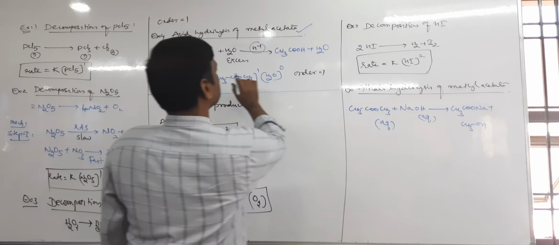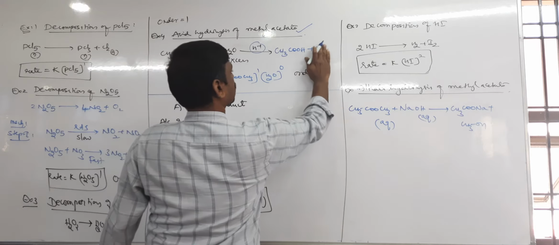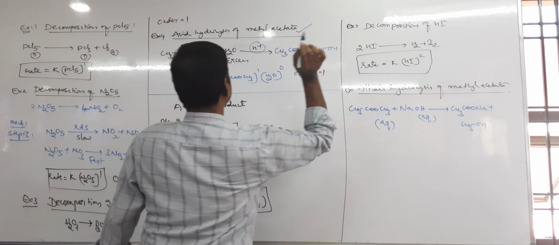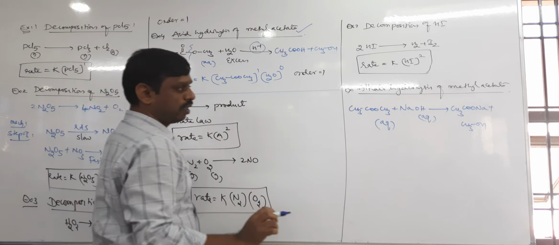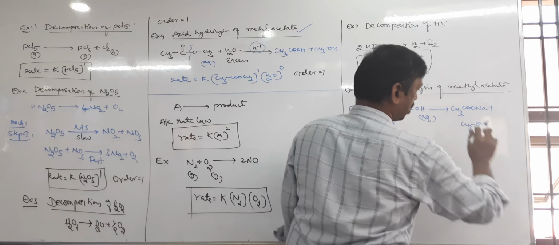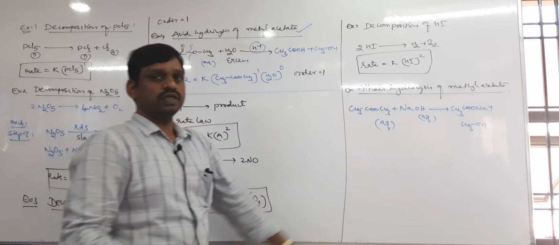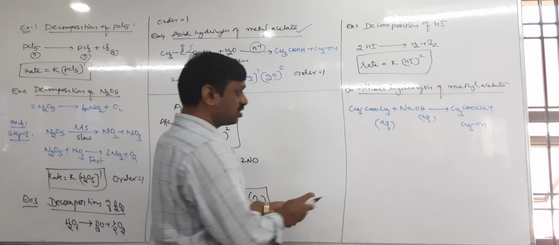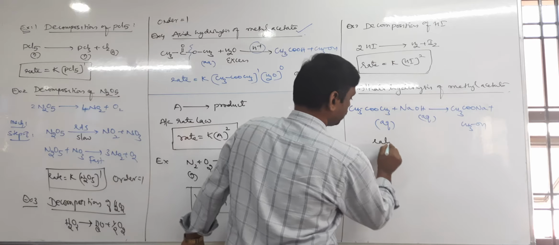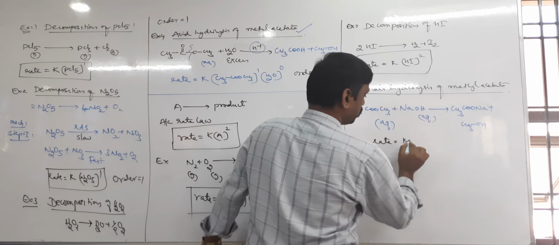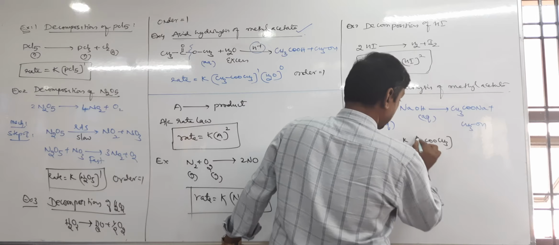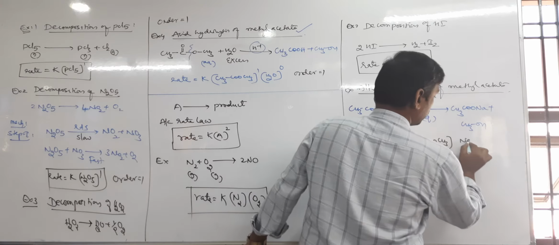Here we have written methyl alcohol, no, we made a mistake here. Methyl alcohol should be there. Bond breaking, no. So methyl alcohol should come, along with sodium acetate. Now tell me, what is the rate here? Now rate equals K into molar concentration of methyl acetate and molar concentration of what?